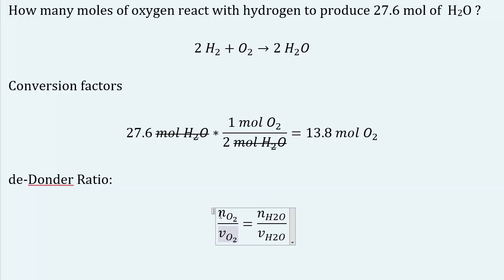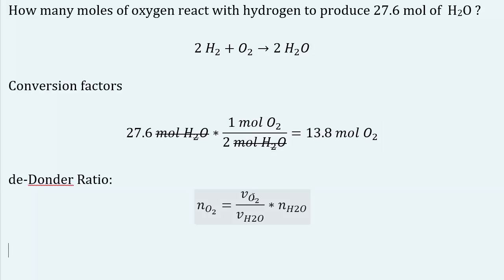So we can solve for amount of substance of oxygen and solve like if this would be a Gauss law situation. We will seek the stoichiometric numbers in the chemical equation. The stoichiometric number of oxygen is 1. Meanwhile, the stoichiometric number of water is 2.